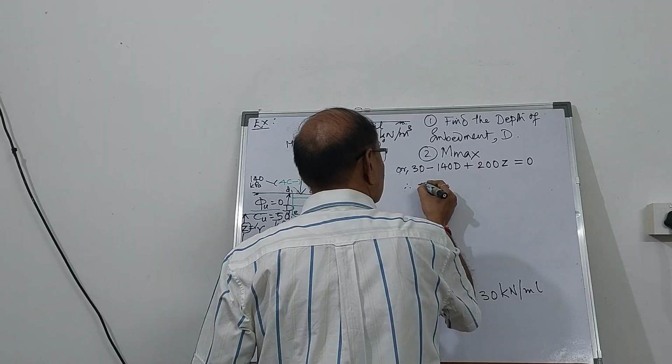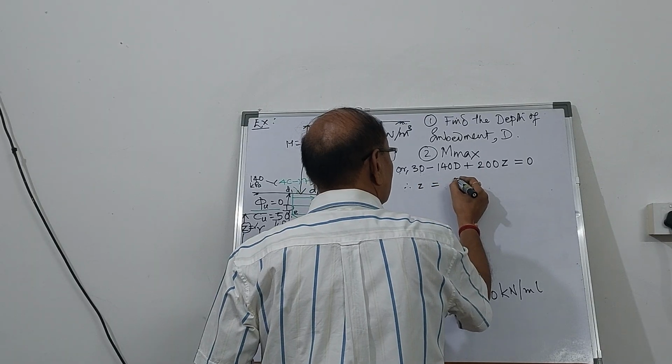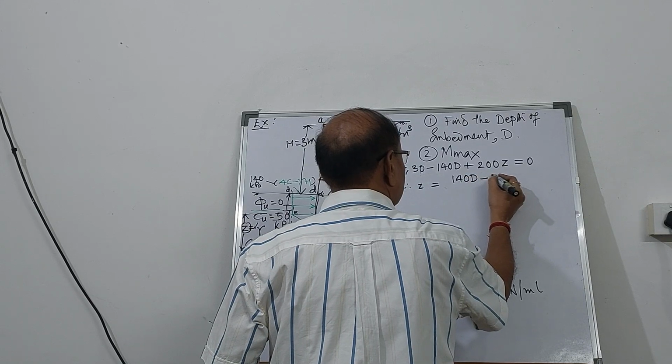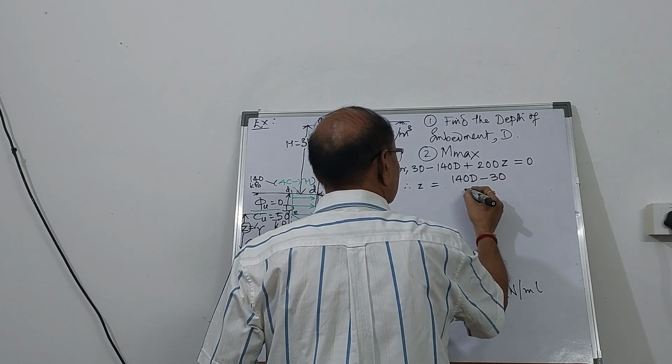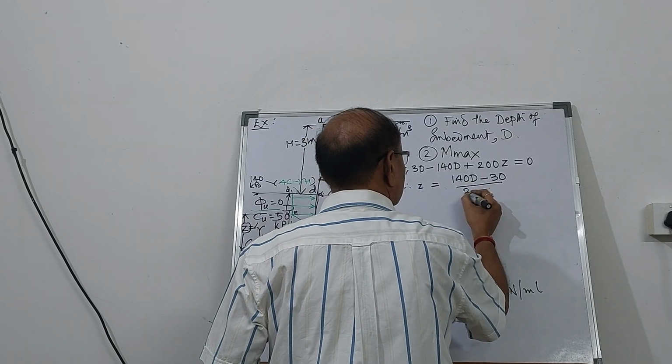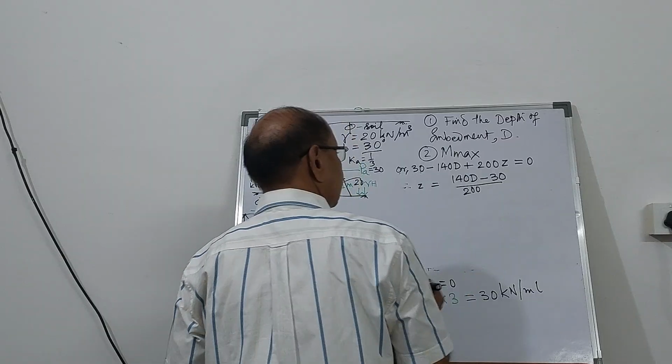Therefore, Z equal to 140D minus 30 divided by 200.